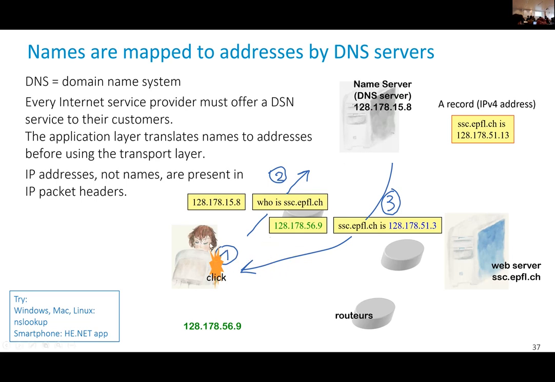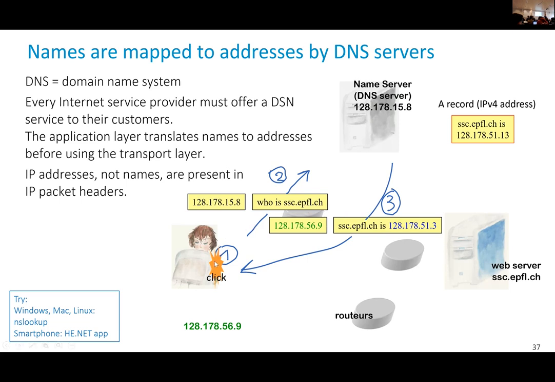Typically, the EPFL DNS server replies only to people that are at EPFL or people who are DNS servers themselves, because we don't want to serve the entire world, to avoid denial of service attacks, for example. So if it decides to reply, how does it know whom to reply to? Well, my IP packet contained my IP source address. So by looking at my IP source address, it can reply to me, and the reply will contain a message saying, this is the IP address of the server.